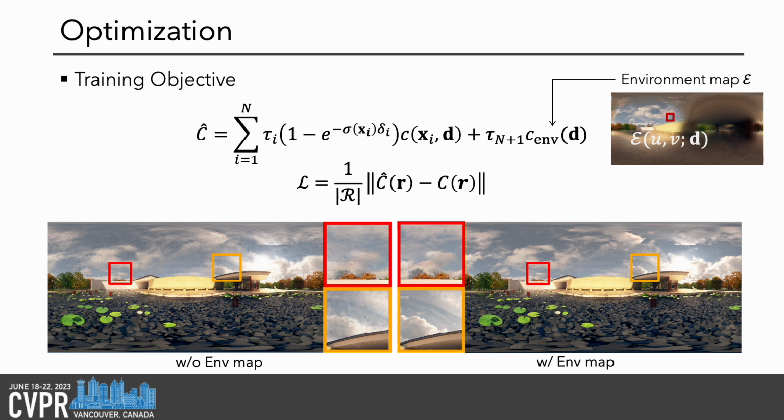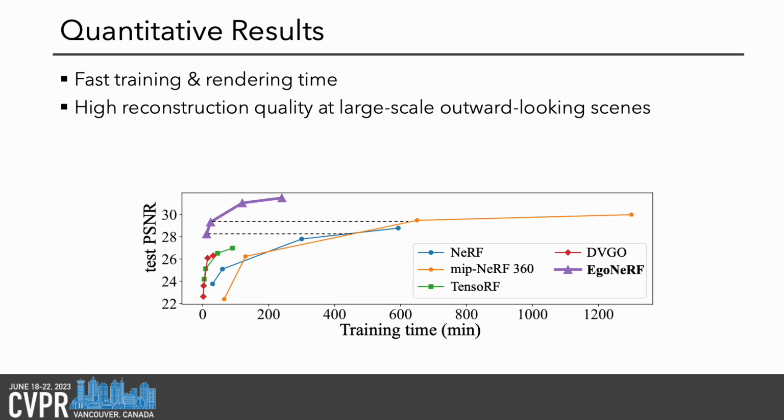Removing the environment map in the outdoor scenes shows blurry artifacts in infinitely far regions. The view synthesis errors across the training step are indicated in the figure below. Our approach achieves fast convergence speed, which benefits from the grid-based approach. And with our balanced spherical grid, we can achieve state-of-the-art performance in the OmniBlender dataset.